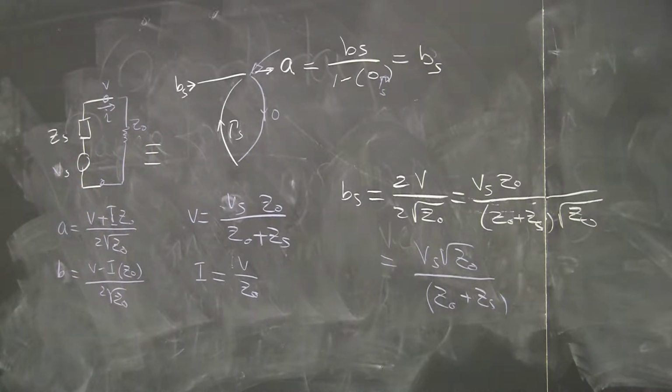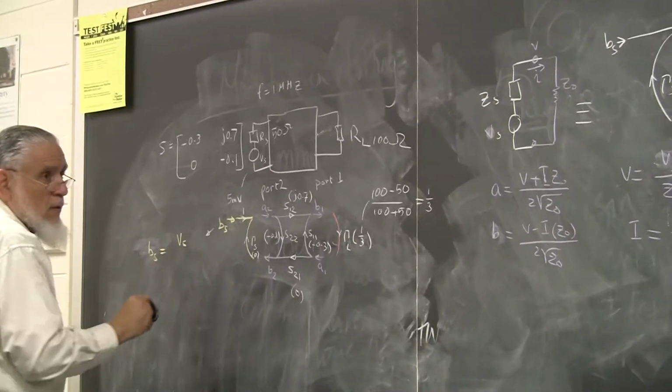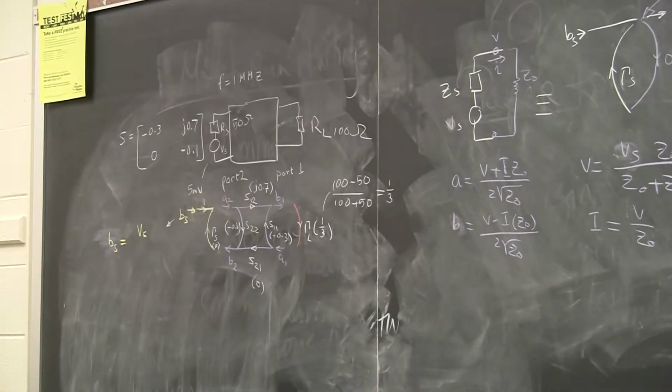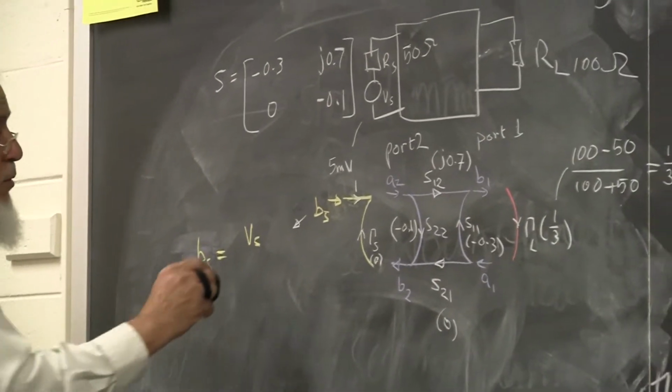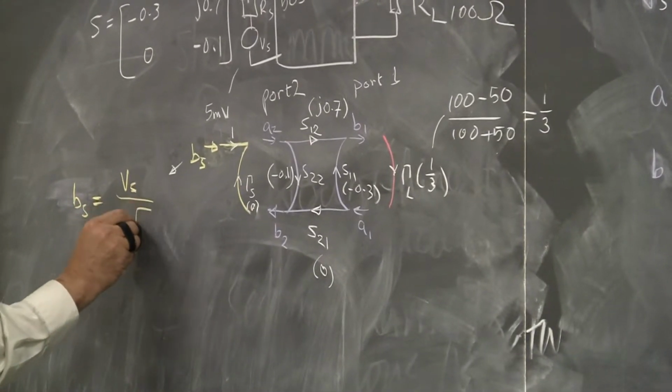In this case here, since Zs is equal to Z naught, BS, I'm going to use yellow here, I'm sorry, is equal to Vs divided by 2 square root of Z naught.